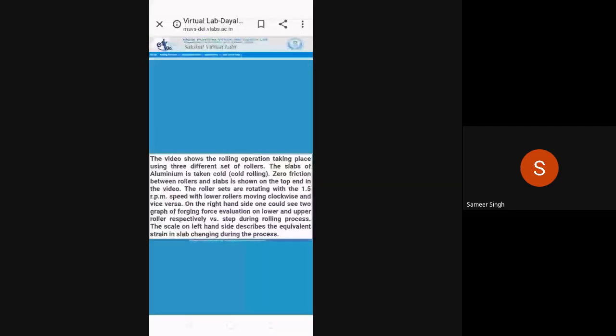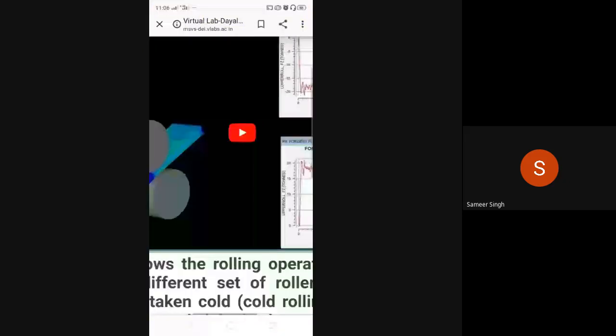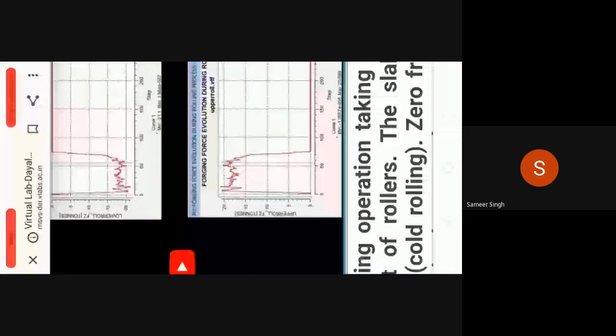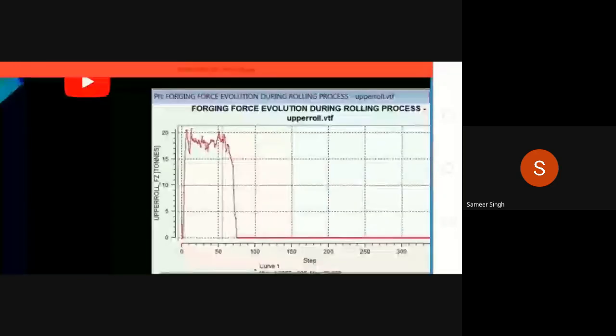Then this window will come. Now just rotate your smartphone, and again take the screenshot of this graph.